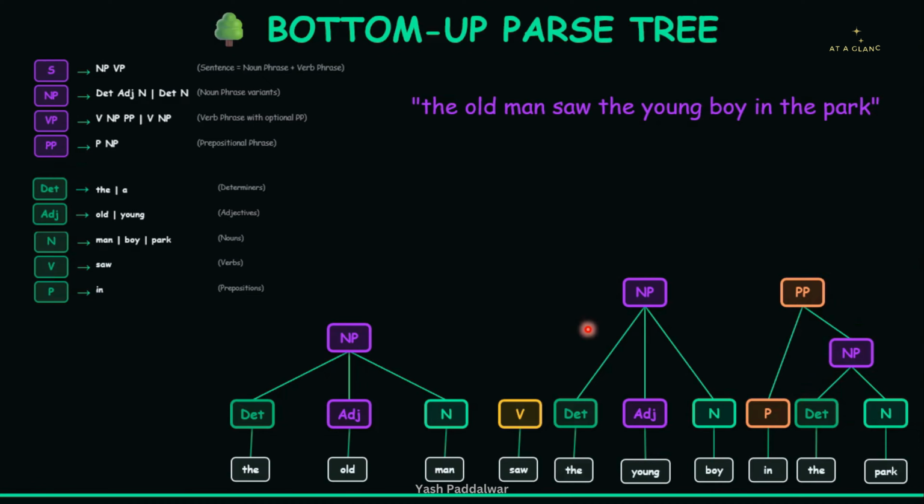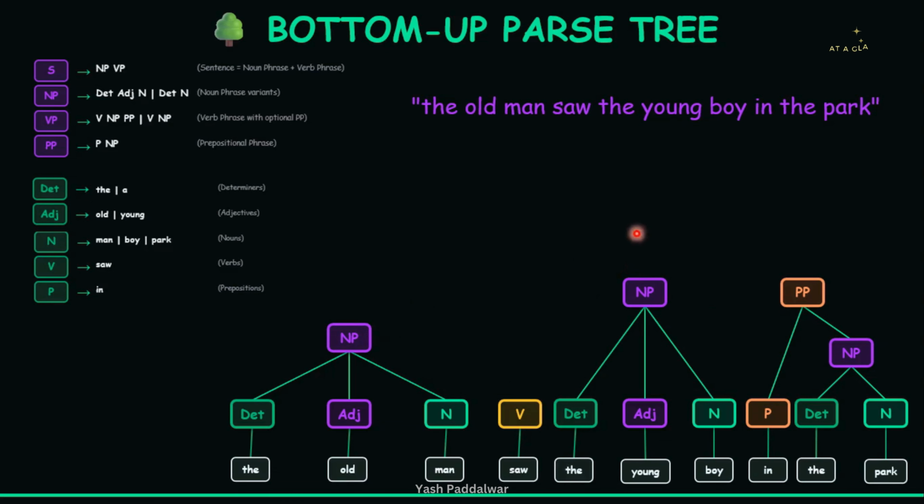Okay, like this. Similarly, let's check for V and its neighboring nodes. V and NP together, yes, it is present together and it gives a VP node, right? But before combining these two, it's also a good practice to check the other neighboring nodes.